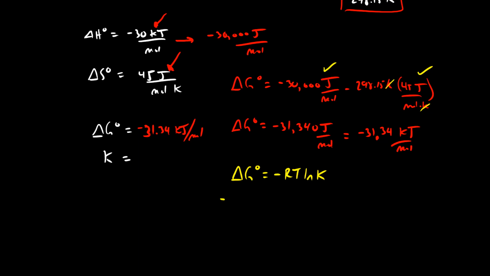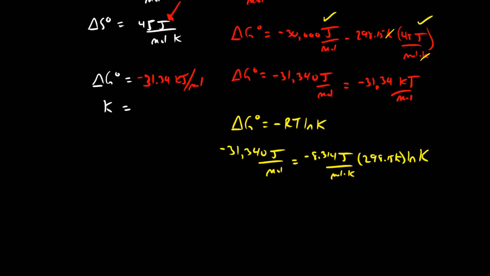So this is negative 31,340 joules per mole equals negative 8.314 joules per mole Kelvin times my temperature, which is 298.15 Kelvin, times the natural log of K. Okay, and if we go through here, we'll see that the natural log of K is equal to 12.64, giving us an equilibrium constant of 3.096 times 10 to the fifth.